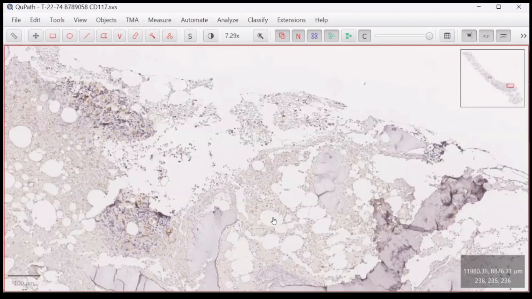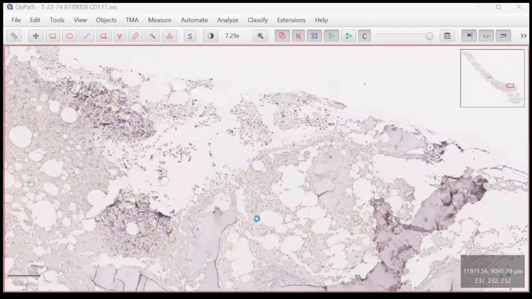Doctor, the CD68 for this sample, doctor? Okay. CD68 might be increased in this case.